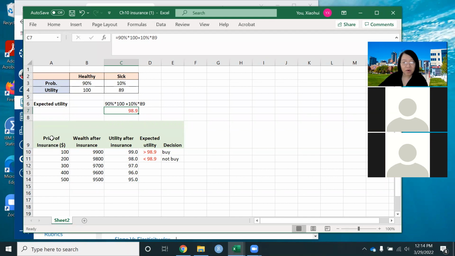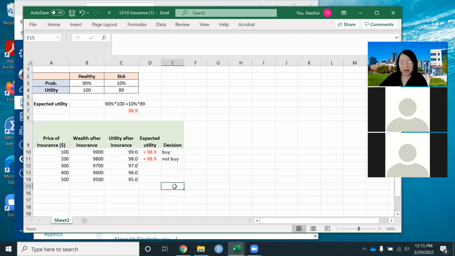Then compare with the insurance price and the wealth after the price, and then calculate the utility. So 100 times this one, B10, and then divided by, add these two together, and then get this value.